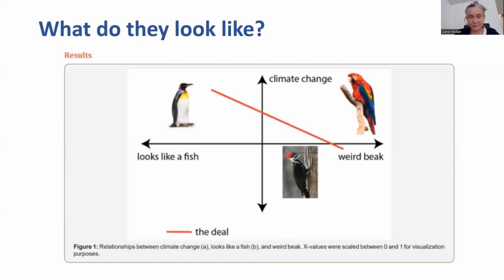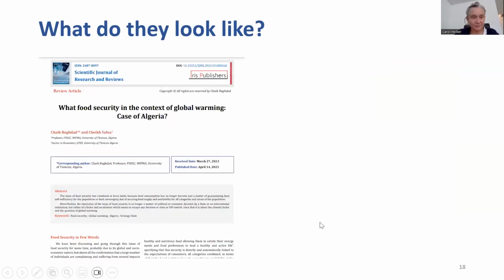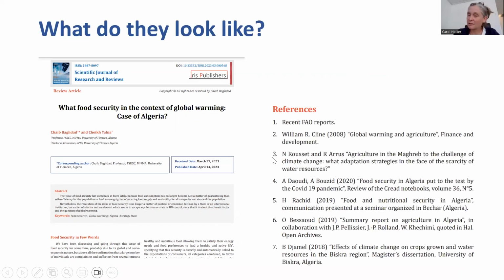a predatory journal. So if we look at another one published in the same journal, the Scientific Journal of Research and Reviews, it's called "What Food Security in the Context of Global Warming, Case of Algeria." And it has giveaways that it's maybe not the most rigorous research. So the first reference is recent FAO reports, so that's pretty general.